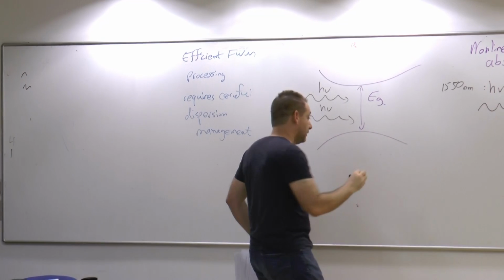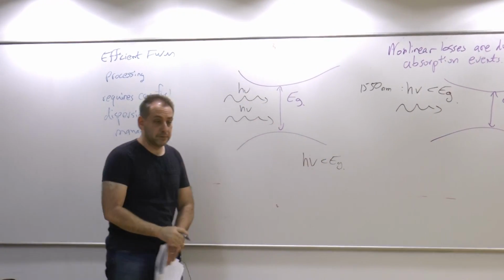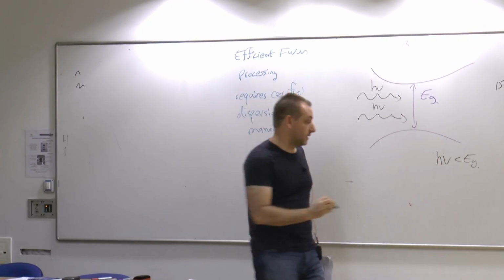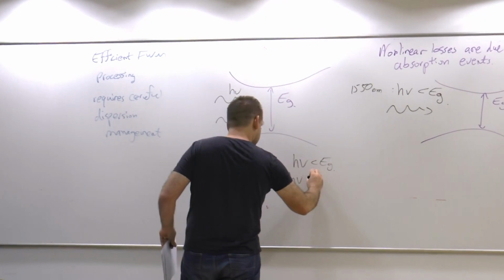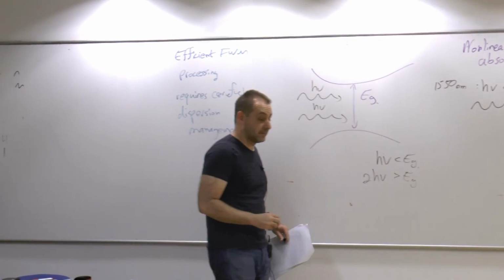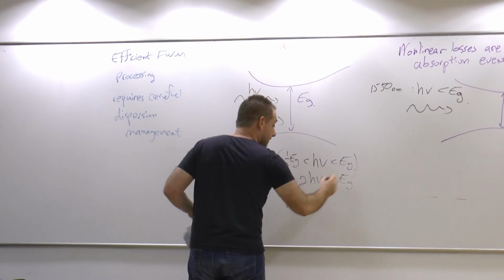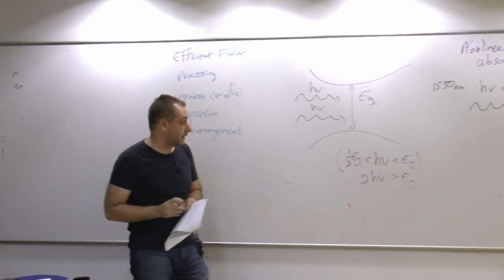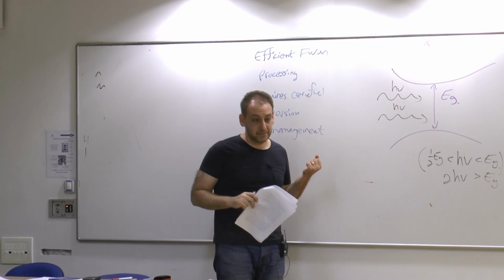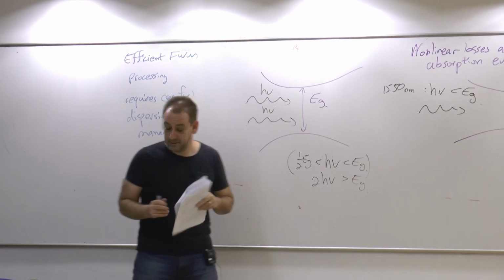So that even though h-nu is not enough to bridge the band gap, twice h-nu might be enough. So it's like saying h-nu is larger than half the band gap, if you like. So these two photons combined possess enough energy to raise an electron.